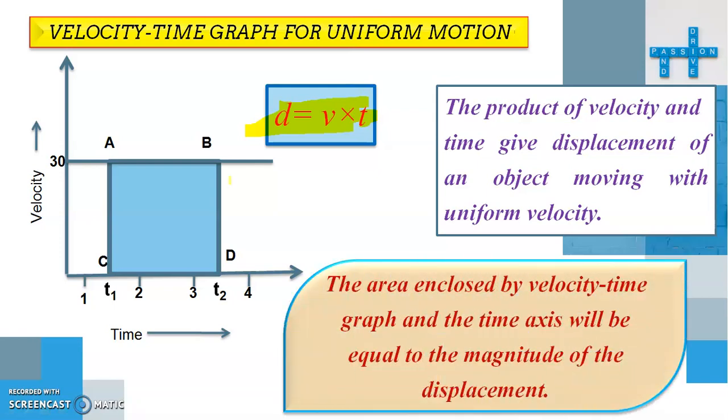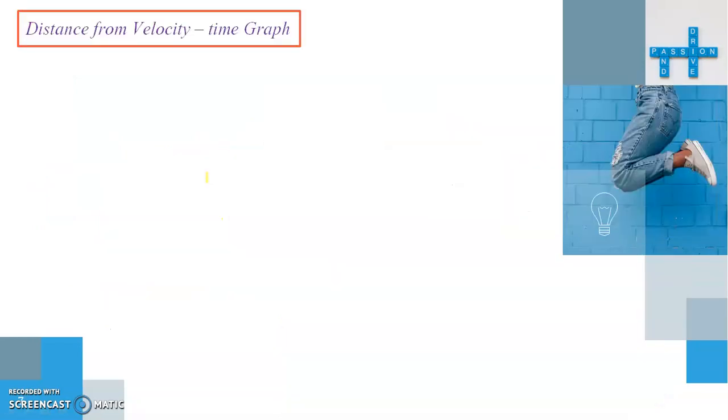The area enclosed, that is the area of this ABCD, will give you the displacement. So from the velocity time graph we can find the magnitude of the displacement of the object.